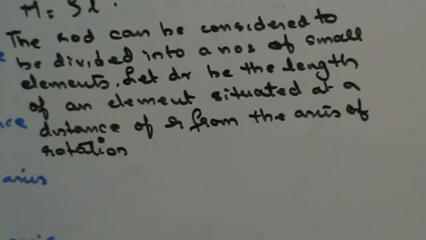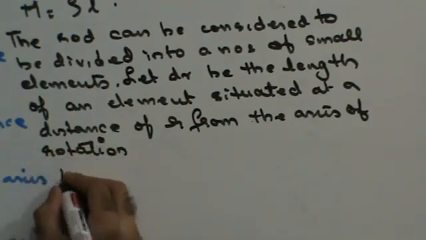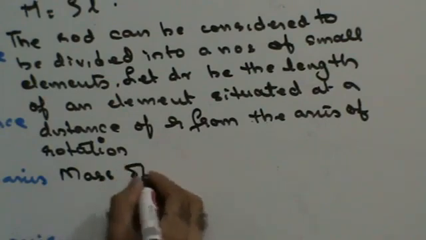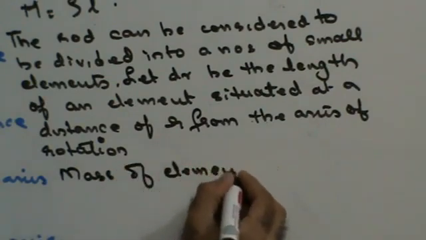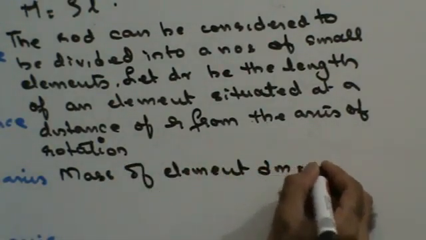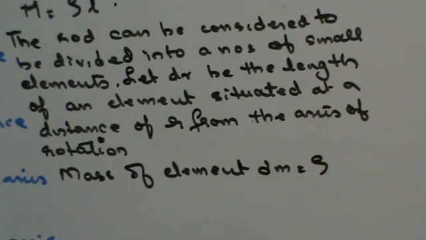In which case I can therefore say what will be the mass of element dm. Mass of element dm will be mass per unit length into the length. Length I said is dr, so it will be nothing but rho dr.